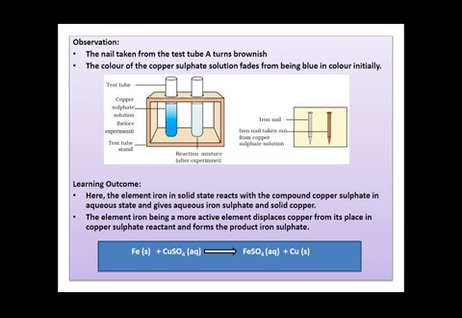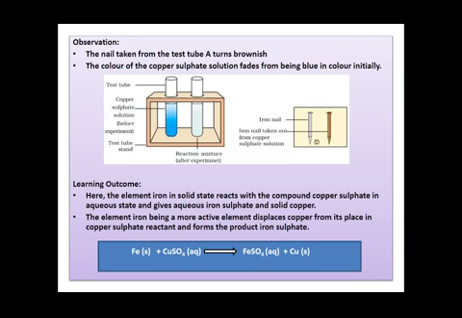So now let us see what observations are seen. The iron nail which is taken from the test tube A turns brownish in color. So you can see this is the original iron nail and this is the iron nail which is taken out from the copper sulfate solution.